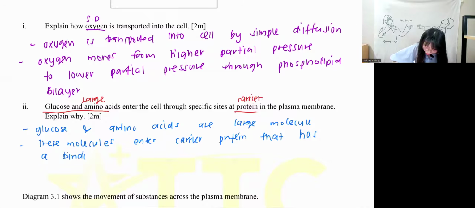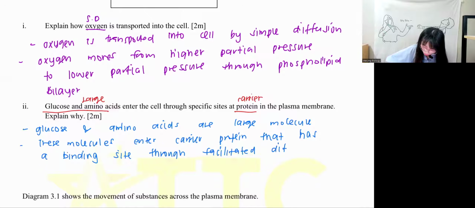Binding site. And it has a binding site. Facilitated diffusion. You can write active site.